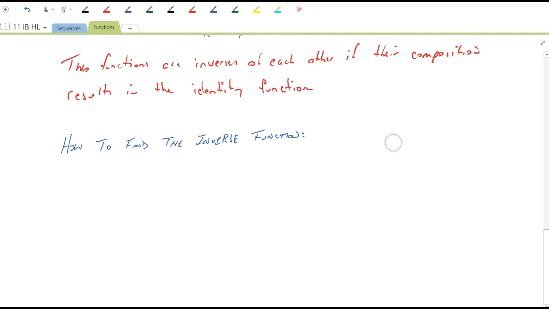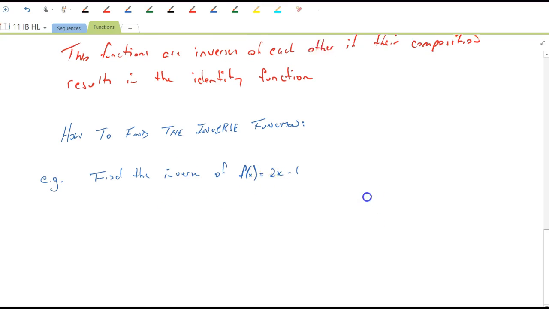Okay, so let's take a function, e.g. find the inverse of, let's say, y equals 2x minus 1, or this might be in function notation, it's probably more likely, so that's f(x) equals 2x minus 1. Find the inverse of the function f(x) equals 2x minus 1.